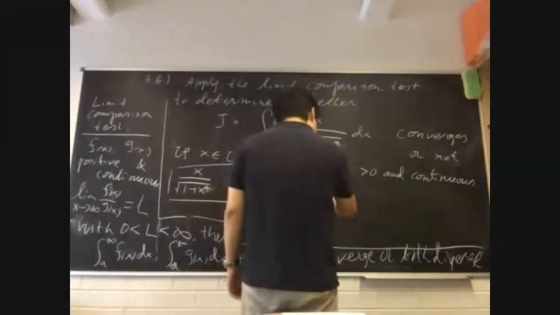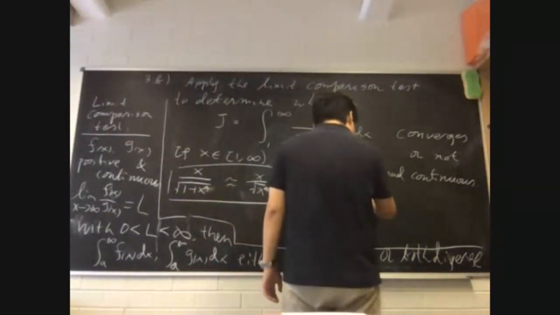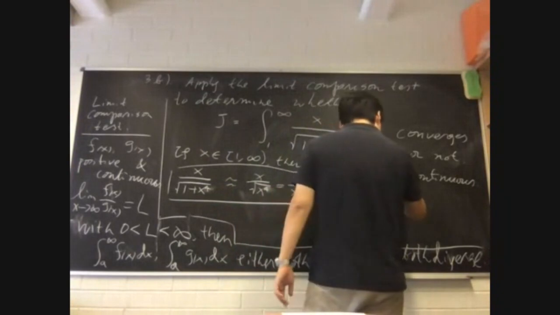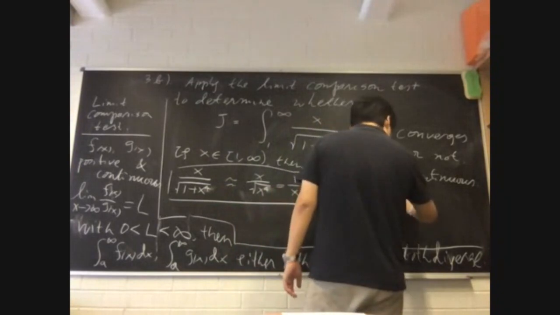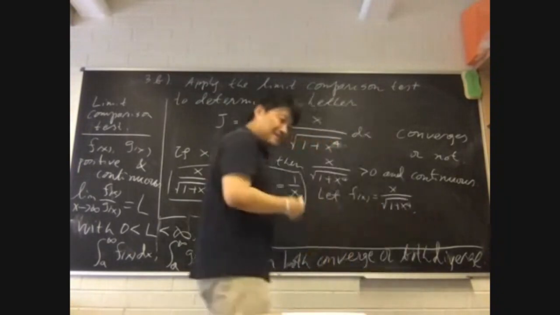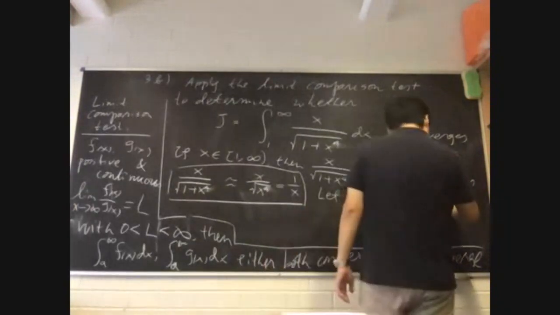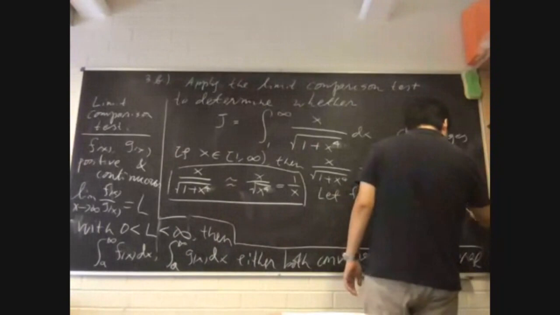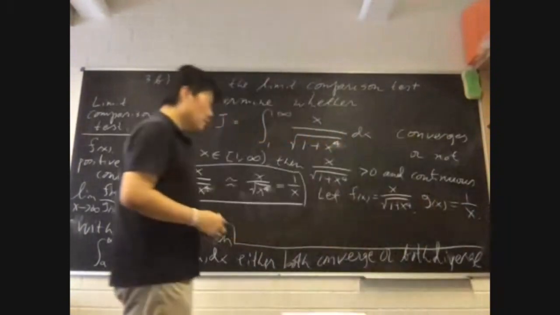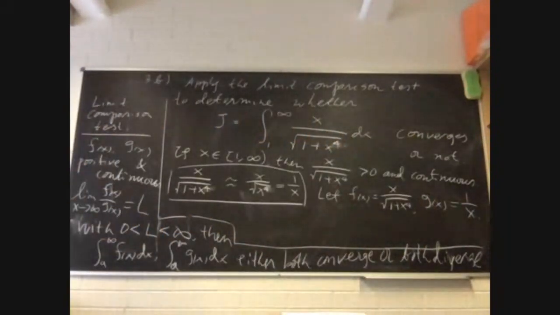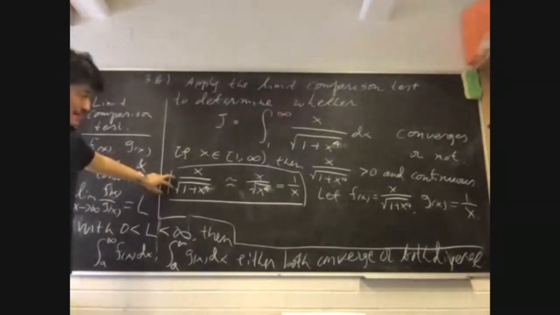Right? So let f of x be this function that I want, the function that I'm given, and g of x be 1 over x. Well, okay. 1 over x is obviously much simpler than this thing.